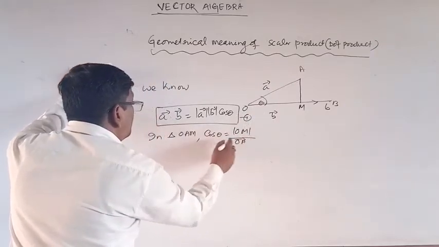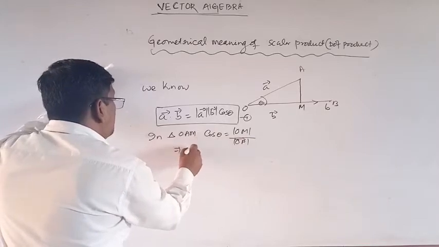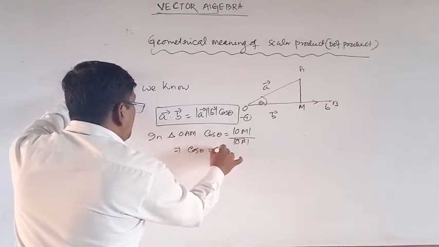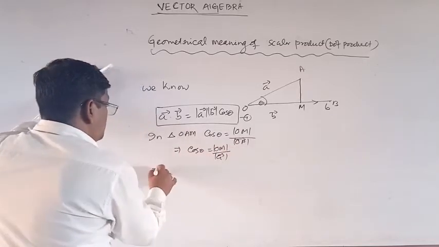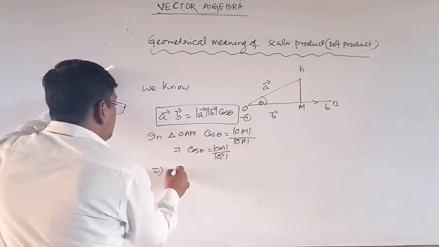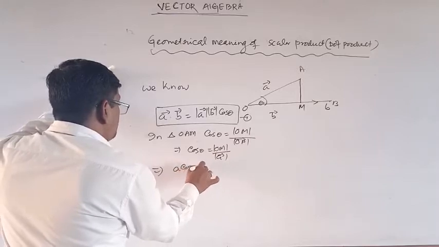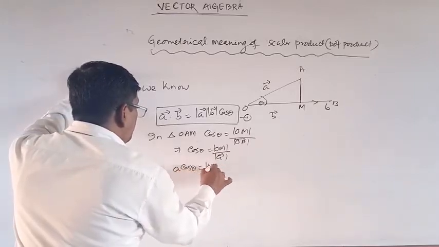So cos theta is equal to OM magnitude by A magnitude. So OM is equal to A cos theta, which is the OM magnitude.